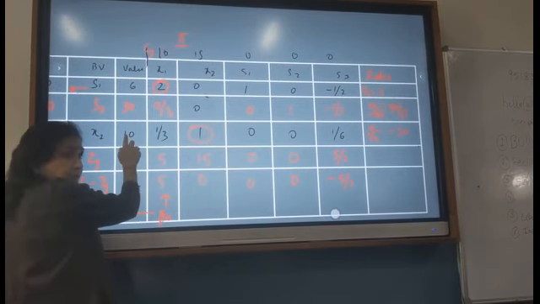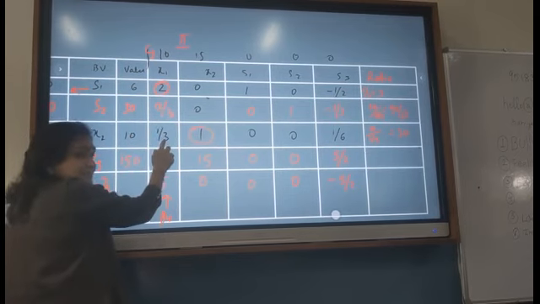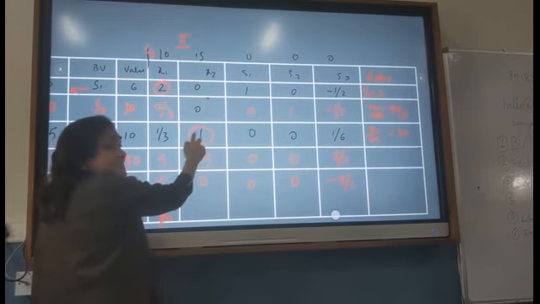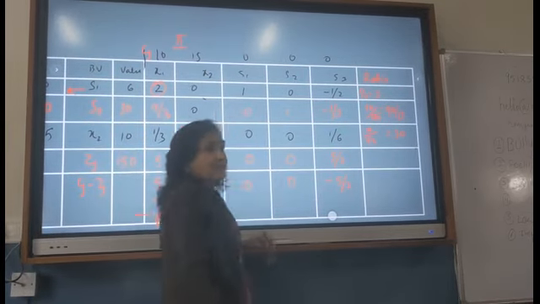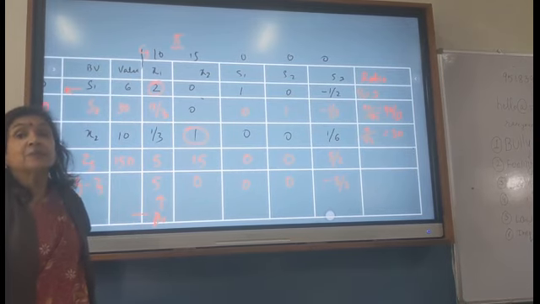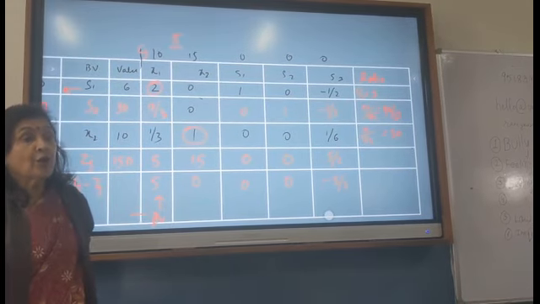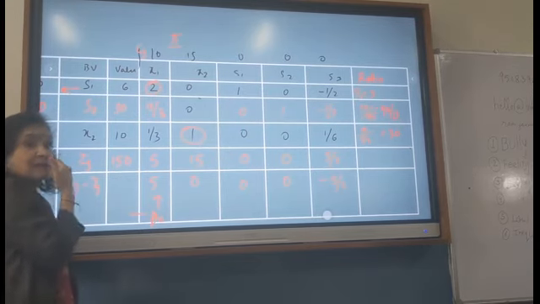Here 60 by 6 is 10, 2 by 6 is 1 by 3, this is 1, 0, 0, 1 by 6. This is how I get my new row in table 2. And the row has to be at the same spot from where the variable has departed.